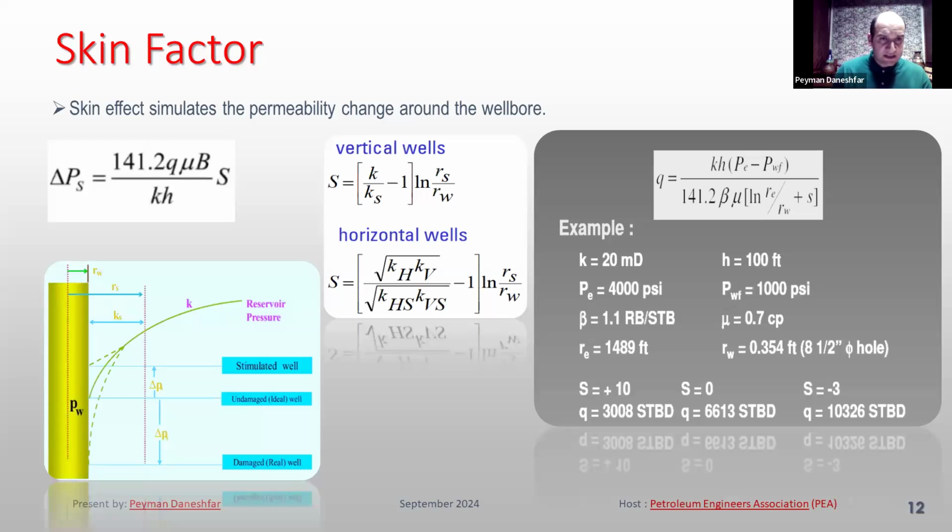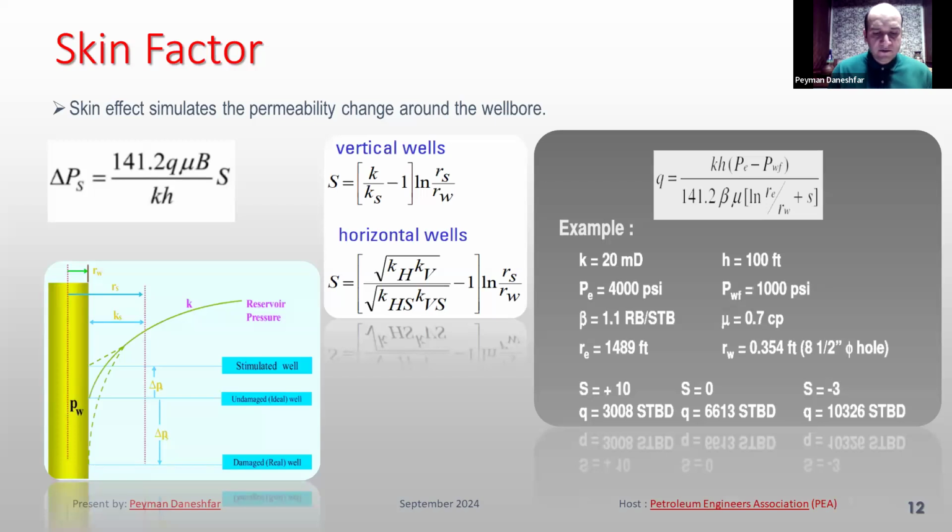If you look at the chart on the left side of the slide, when we do a stimulation in a well, if our stimulation job is good, our skin factor will go to the minus side.